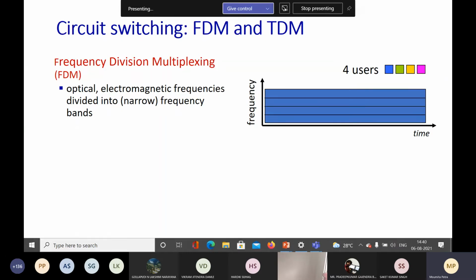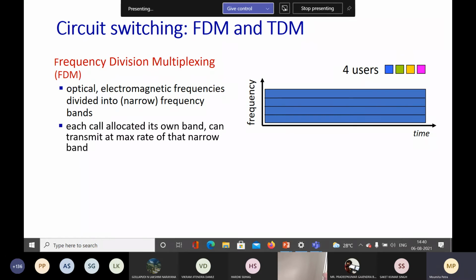Suppose there are 4 users. You have this entire channel at different frequencies, and you can ask your users to transmit at different frequencies. So your users are not sharing the same frequency.